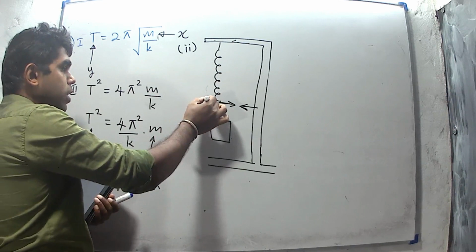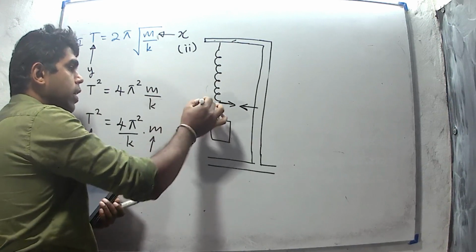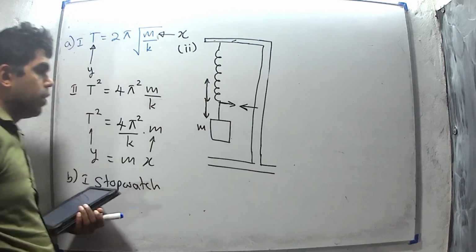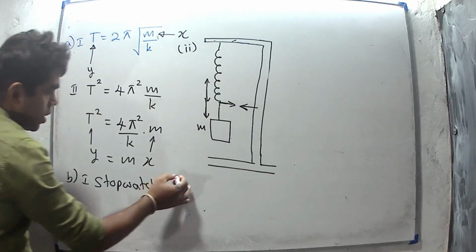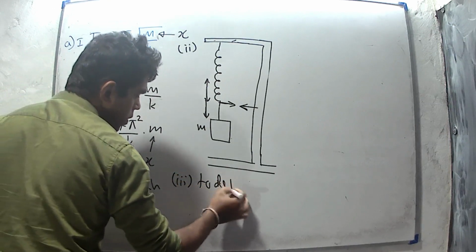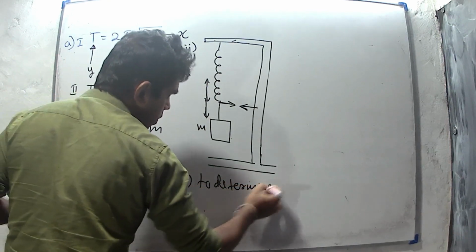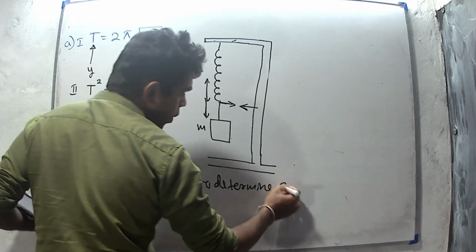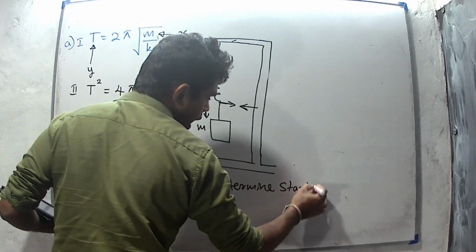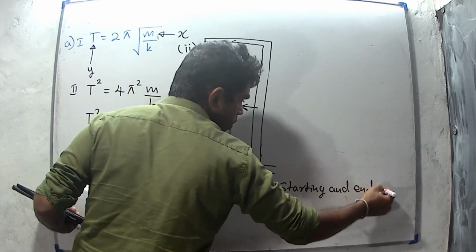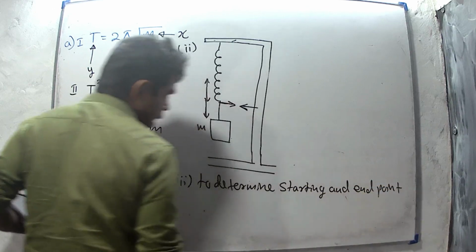From this point it should move downward, then upward and again downward. We can write the answer for part 3: to determine the starting and end point correctly.